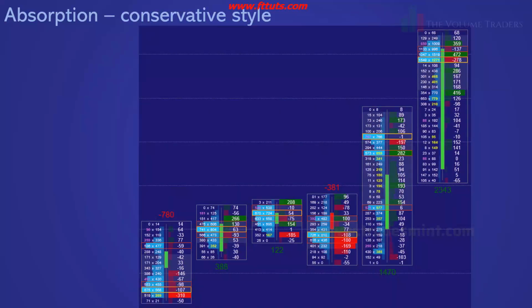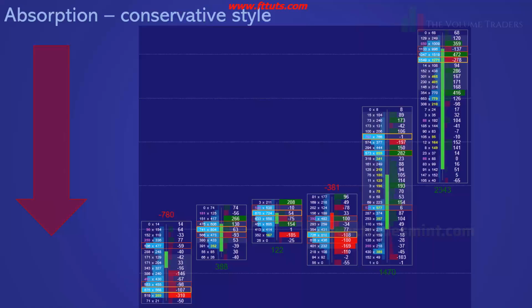So some theory also about the first way, the conservative, the most basic. So absorption of sells, so when price is going down, appears when aggressive sellers meet passive buyers.